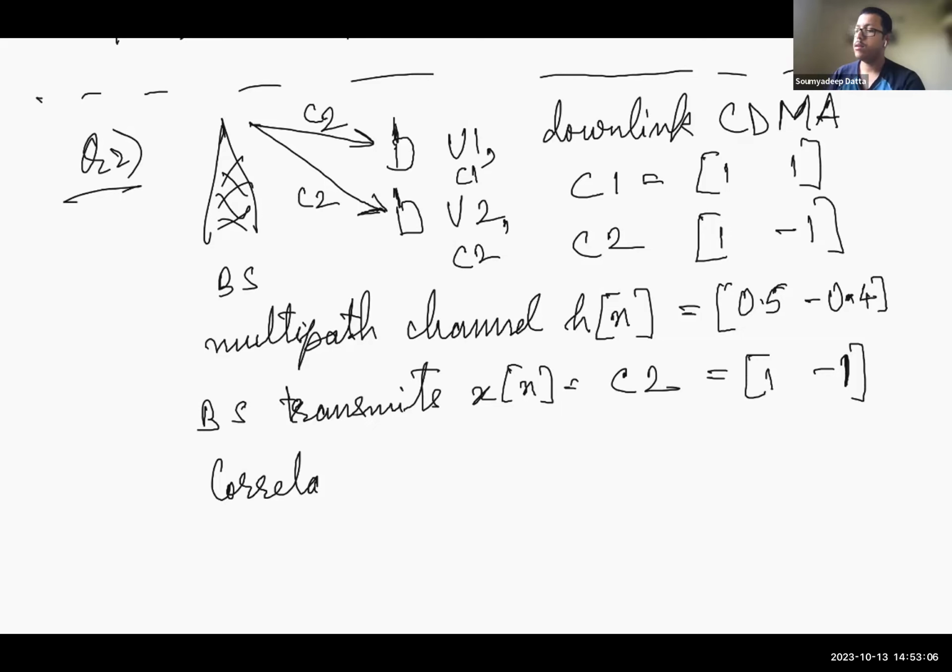So you can see that user 2 will have a higher correlation than user 1 because you transmitted C2. That is your check: since you transmitted C2, user 2 will have higher correlation. If you had transmitted C1, then user 1 would have higher correlation. So that is how CDMA is done. Is this clear? Any doubt?